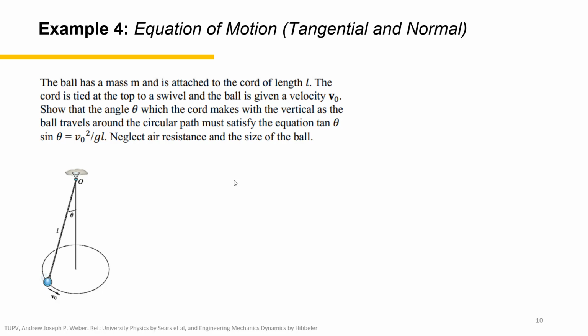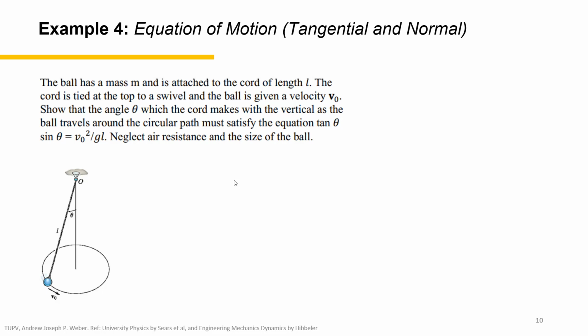The assumption is to neglect the effect of air resistance and, of course, the size or dimension of the ball. Okay, so the problem is we need to show that the angle theta satisfies the equation shown.